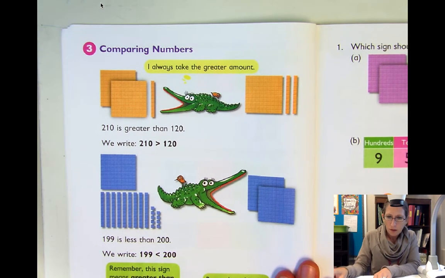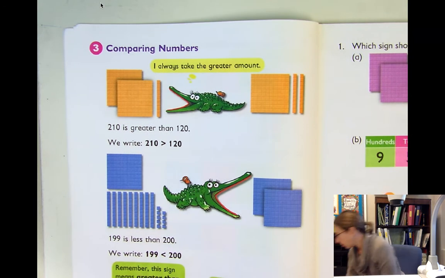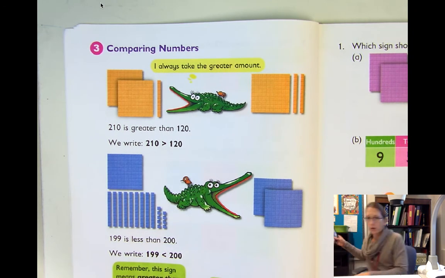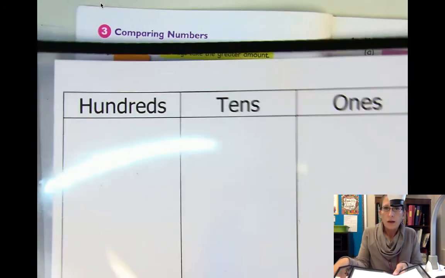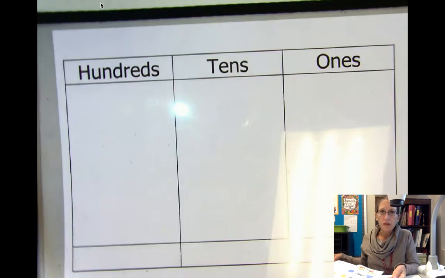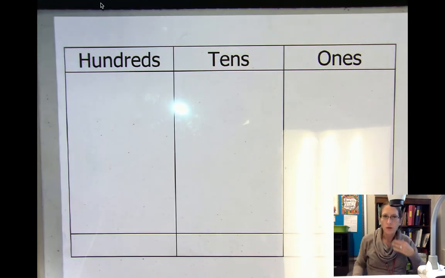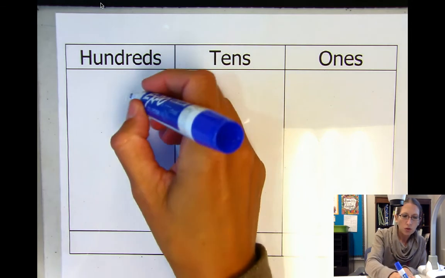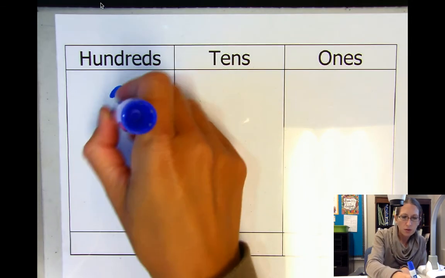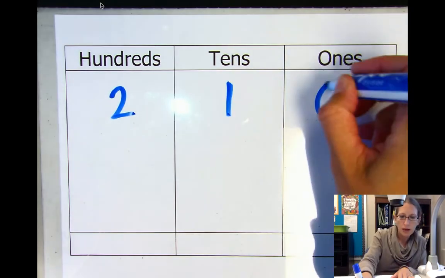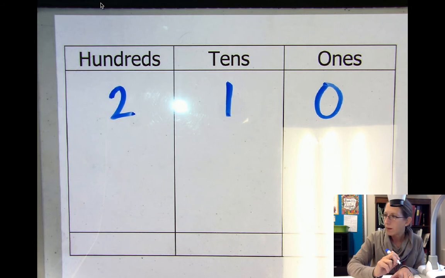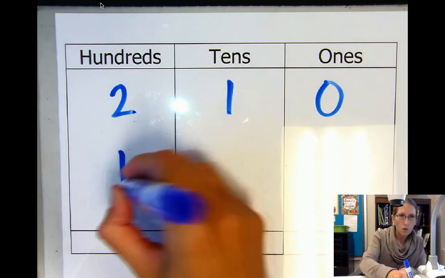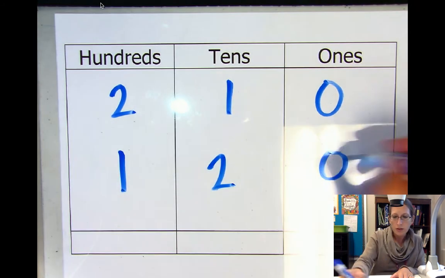Okay. And, oh, you know, another thing that we can do to help us is to look at our hundreds and tens and ones places, our place value chart. So if we put 210 on our place value chart, 210 would look like that. And then the other number we're comparing is 120.